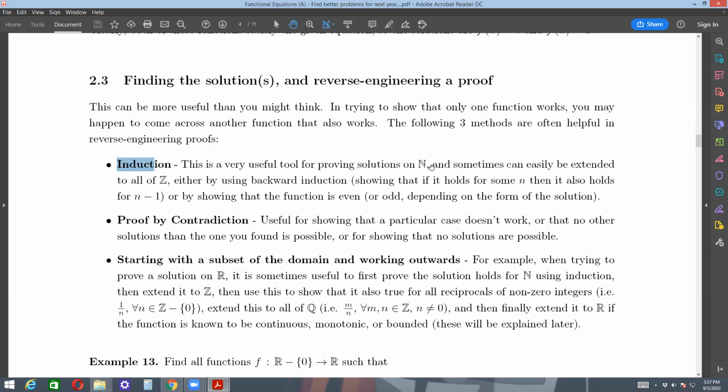It doesn't work for real numbers. So if it's a function for real numbers, this isn't going to work. Another thing you can do is proof by contradiction. Sometimes when you have cases, you might want to prove by contradiction that one of the cases doesn't lead to a solution. So it means that the only solution is the one you got from the other case.